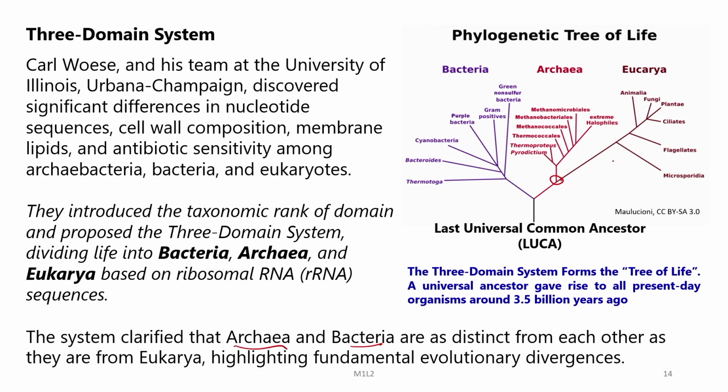Similarly, in eukarya we can see the emergence of microsporidia, then flagellates, animals, then fungi and plantae in the course of evolution. If you go into the bacterial domain, there also we can see various kinds of bacteria evolved over due course of time. We will be discussing some of these in the next few slides.